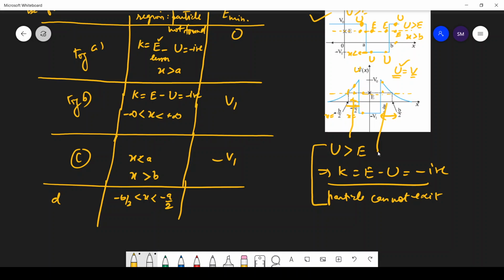So it will not exist from a by 2 to b by 2. Now what is the least minimum energy given here? That is minus V1. So that was this question 6.3.